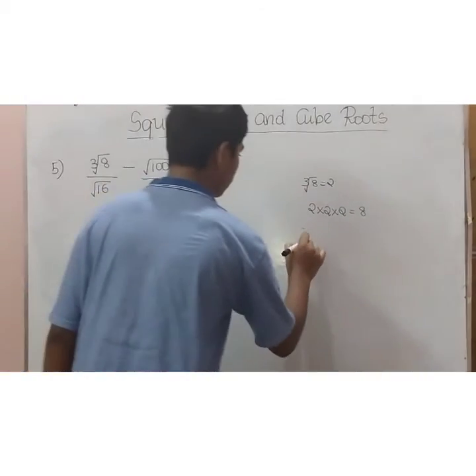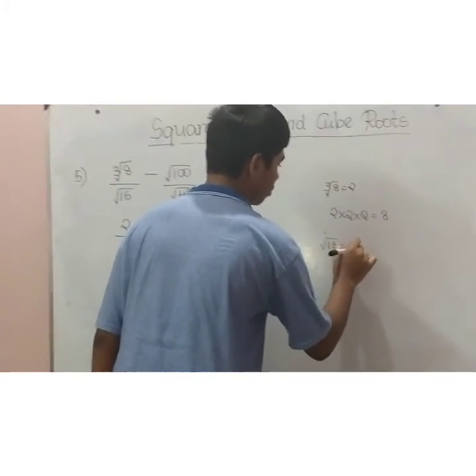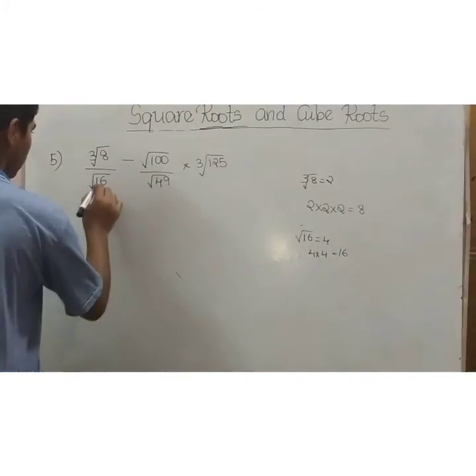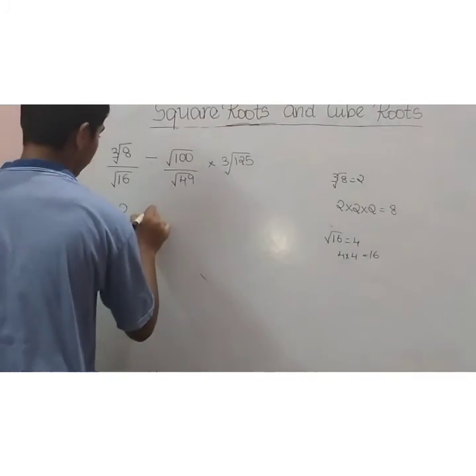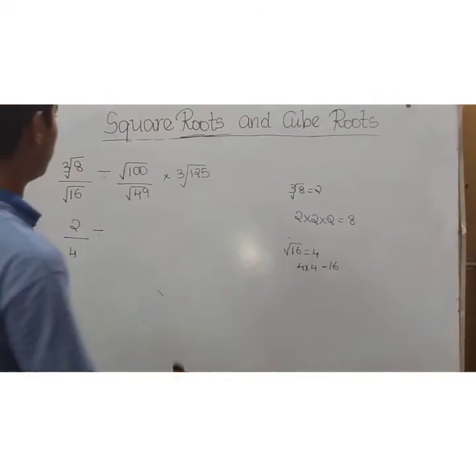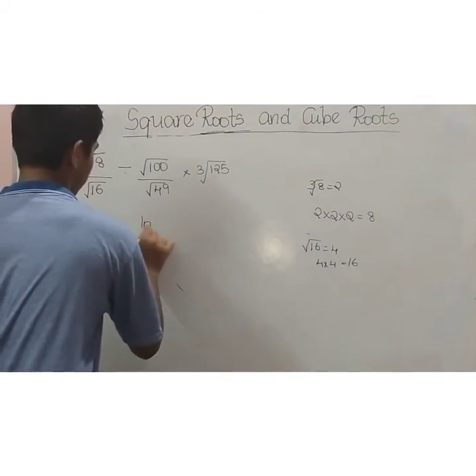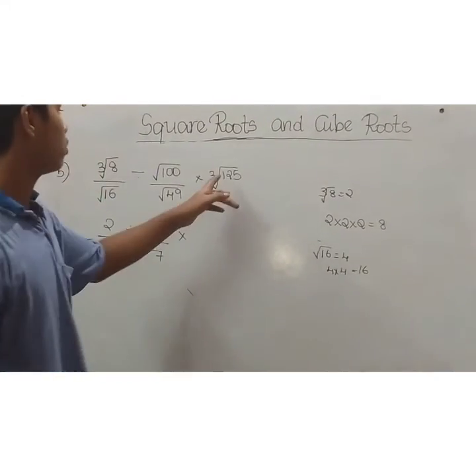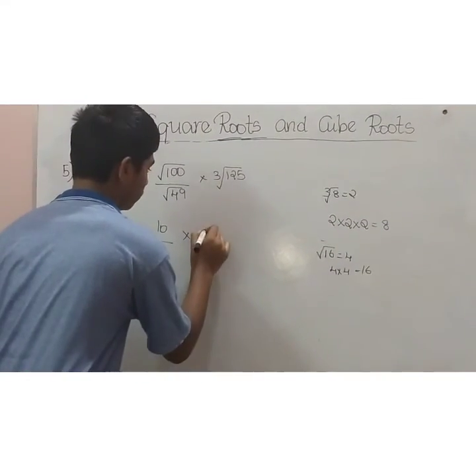Root 16 is 4, because 4 into 4 is 16. Root 100 is 10, root 49 is 7, and cube root of 125 is 5.